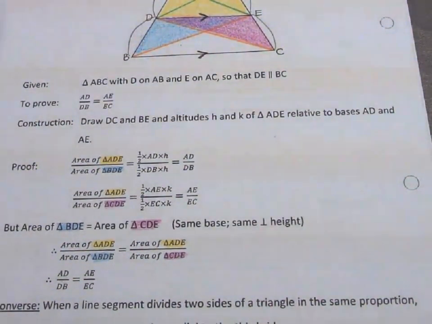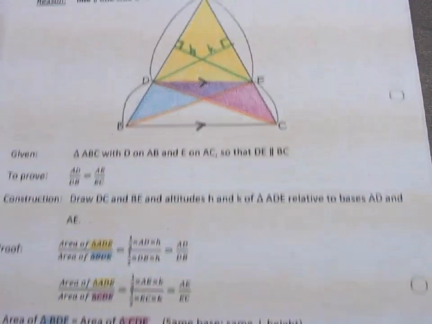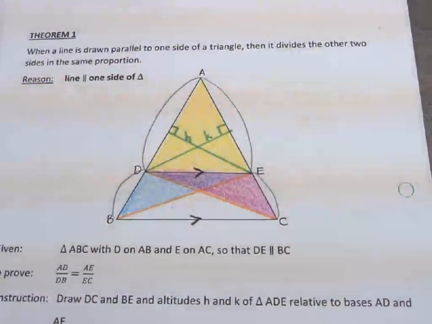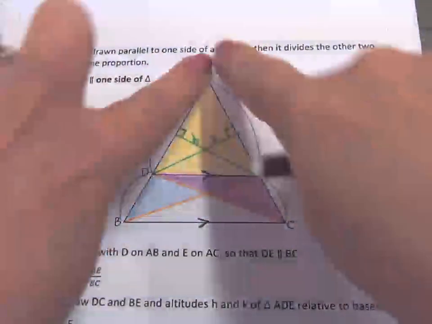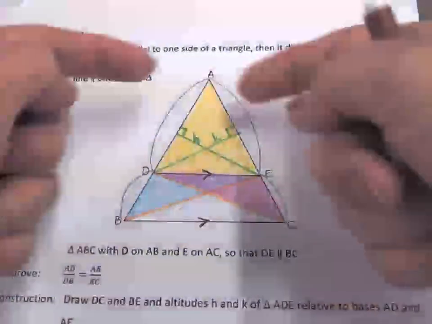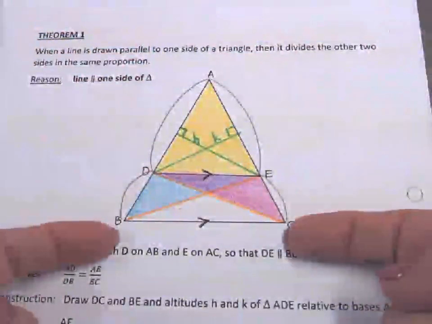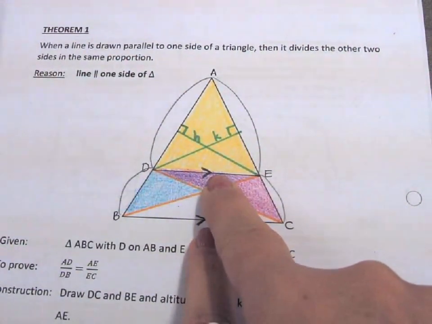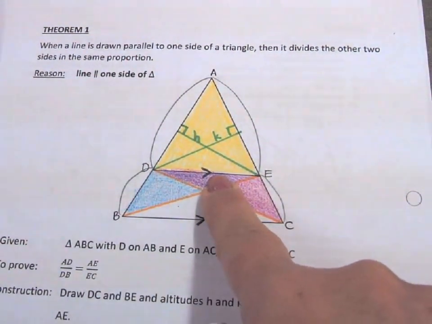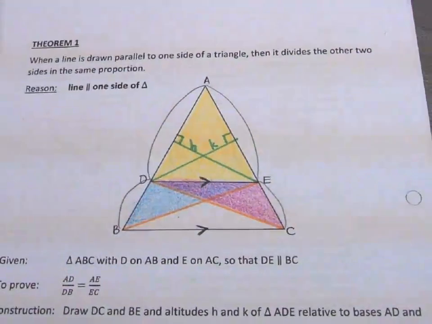So the converse is when a line segment divides two sides of a triangle. So this line segment divides the two sides of the big triangle and their proportions are the same, then those two lines are parallel. Then altogether, the inverse. Okay.